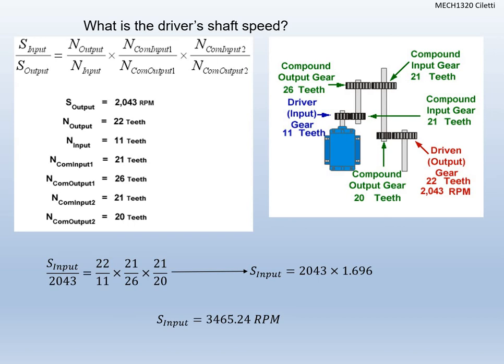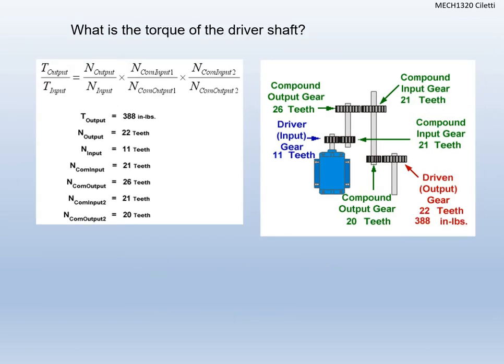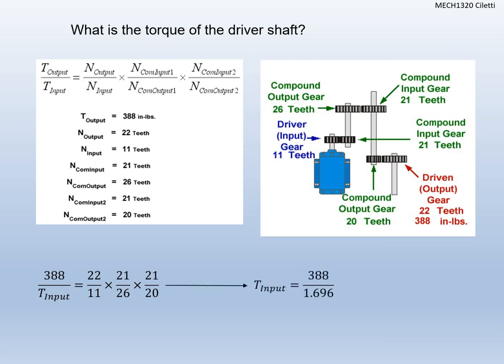Same kind of setup with multiple compound gears here with torque. Same scenario, same number of teeth, same ratio. I don't want to complicate things for you here, but this time we're using torque instead of speed. So substitute in what you have: 388 divided by our input torque times our ratios. Same ratios as last slide, so they're 1.696.